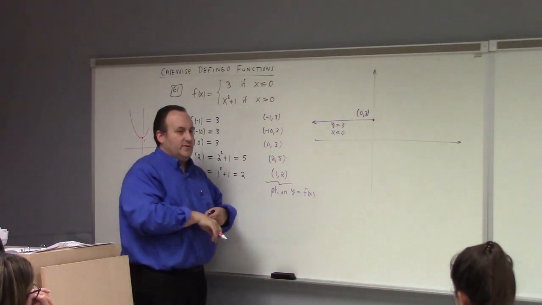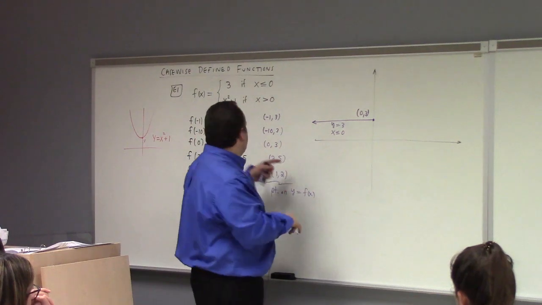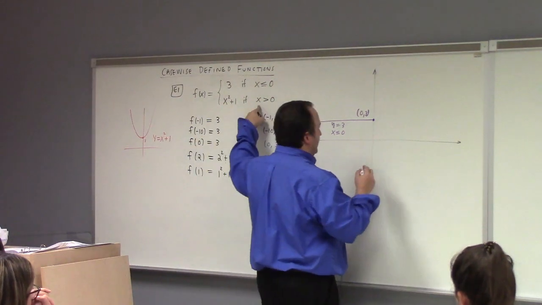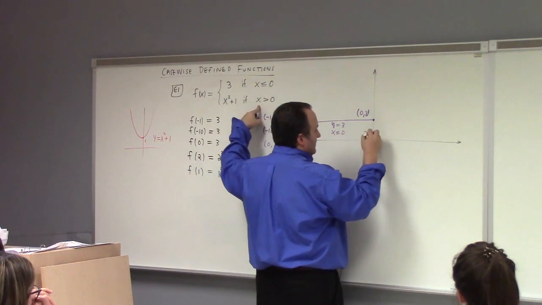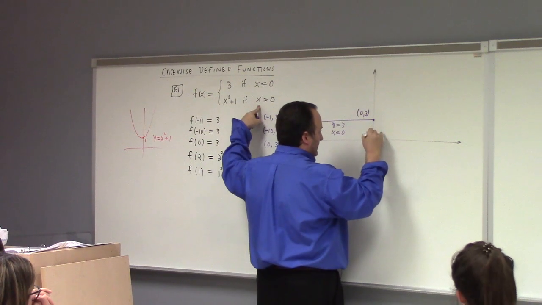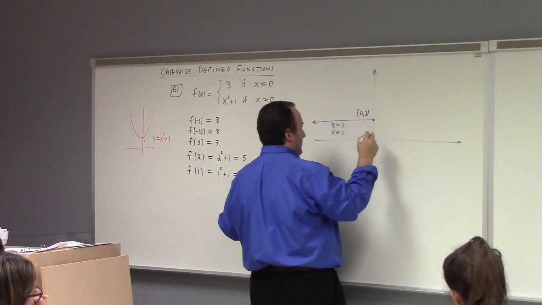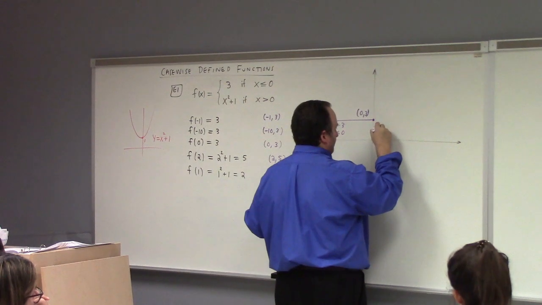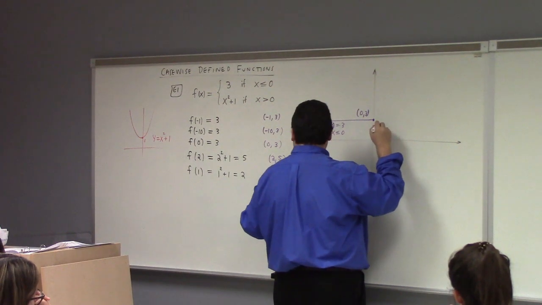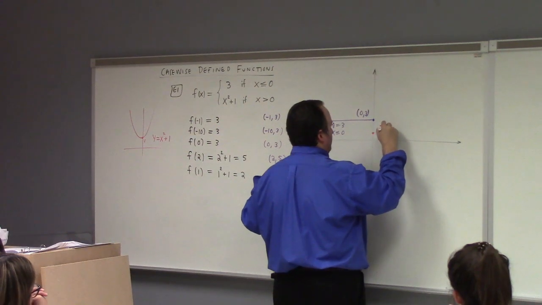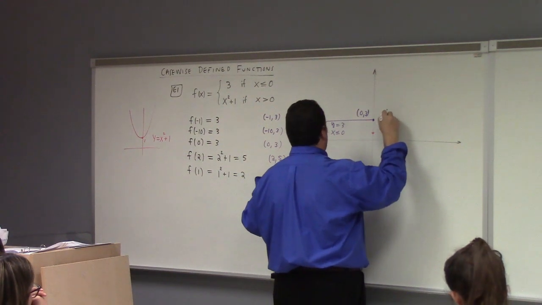But now we don't want all the parabola, right? Because we're just doing what? x squared plus 1 if x is positive, right? So I put an open circle down here, and then I've got the point 1, 2, which would be something like here. And then I've got the point 2, 5, which would be here-ish.